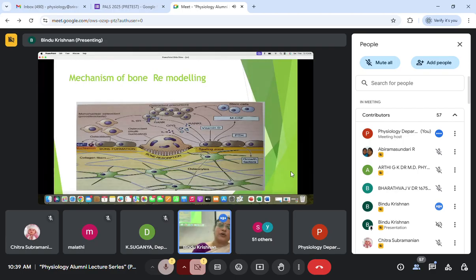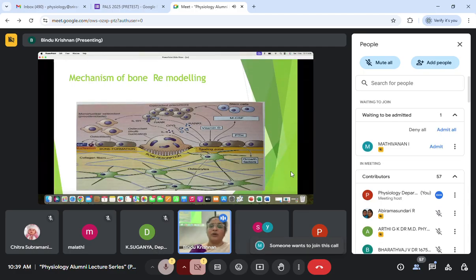Now they are going to convert my osteoclast precursor into a more activated form, which is a pre-osteoclast. Now on the surface of this osteoclast, I have something known as the RANK receptor. Once this RANK receptor arrives in the pre-osteoclast, it converts itself into a multinucleated mature osteoclast, right?